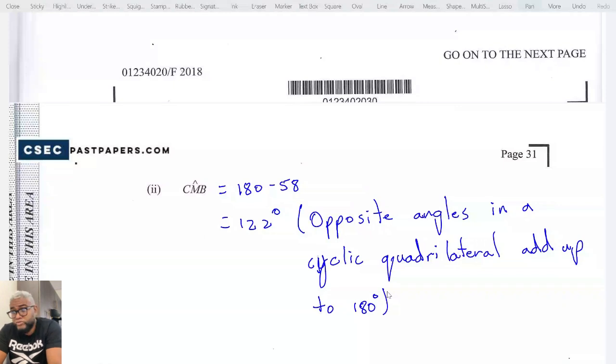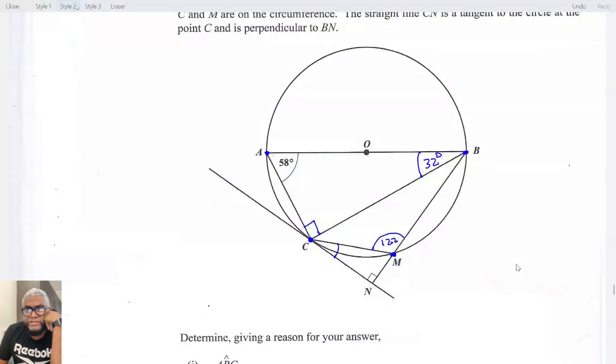So this is part 2. We're trying to find angle NCM. You know what we could do? Simple, easy. They said BN is a straight line because point C is perpendicular to BN, which is a straight line, right?